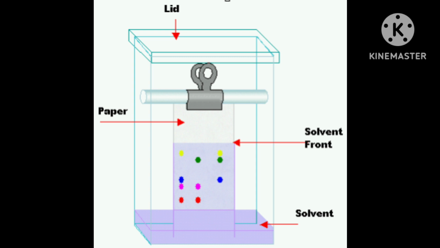The mixture to be separated is put as one spot, 2 centimeter from the end. You put one or two drops, just like one spot, above the 2 centimeter from the end.